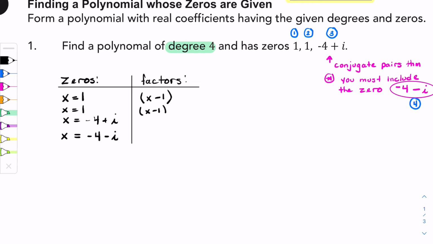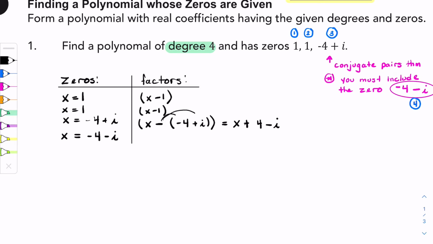x minus 1 again. So if we need to achieve x equals -4 plus i, we're going to have to write this as x minus (-4 plus i), of which we'll distribute that negative sign, and we get x plus 4 minus i.